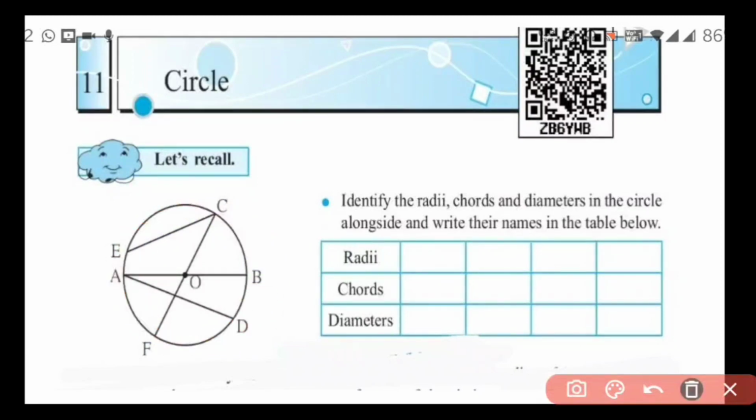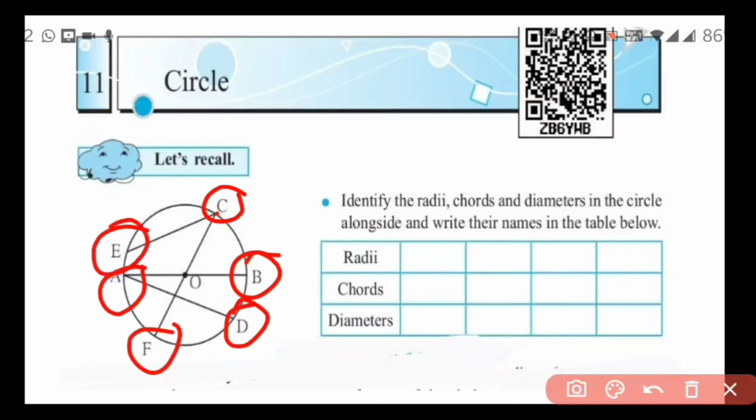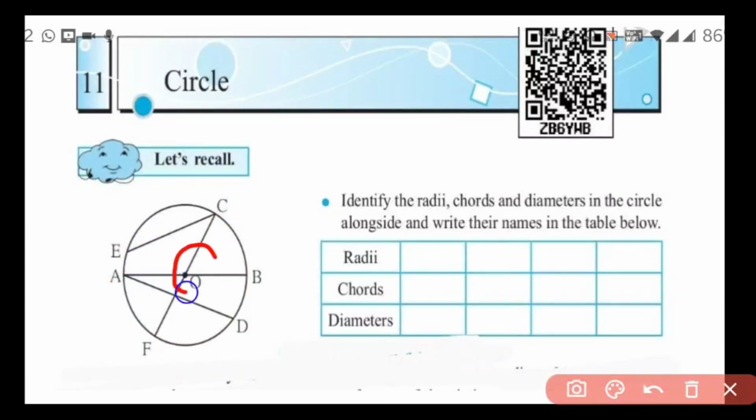On the circumference we can see different points: point C, point B, point D, point F, point A, point E. Then what is the center? O is the center.